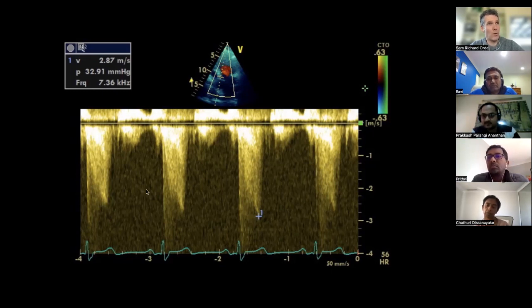And what are the causes of the gap? Not quite sure about that. You described this one here that we've got marked as being LVOT obstruction. Could it be anything else?